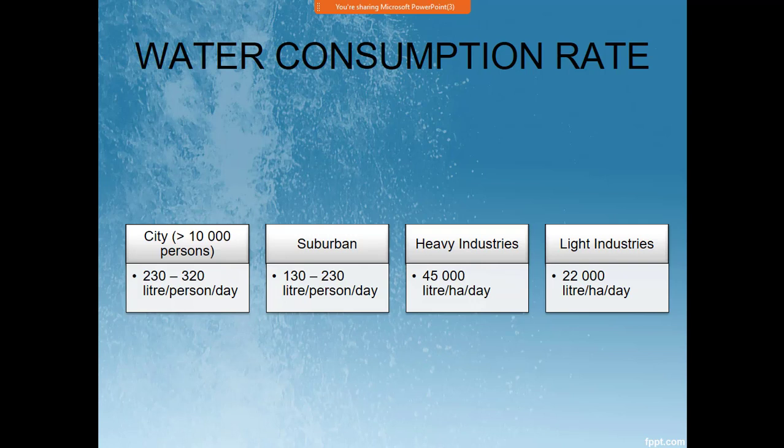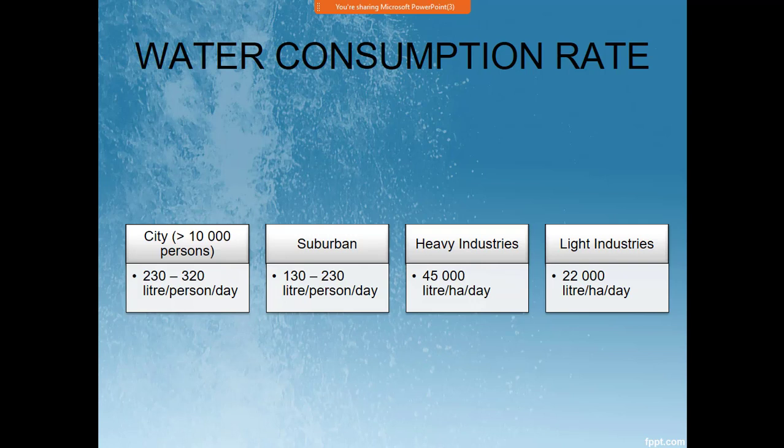You might say, how come one person consumes 230 liters? That includes everything: washing dishes, showers, washing your car at home, watering the plants. Every water activity done at home is considered.